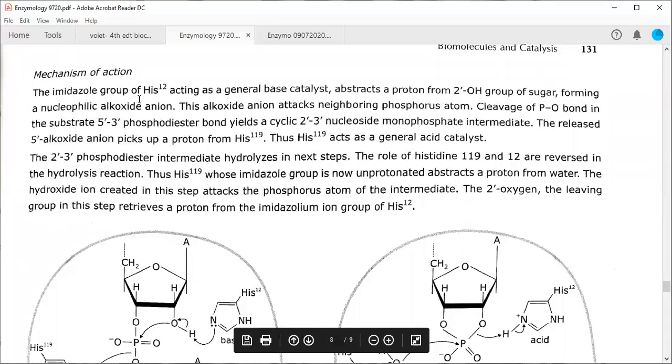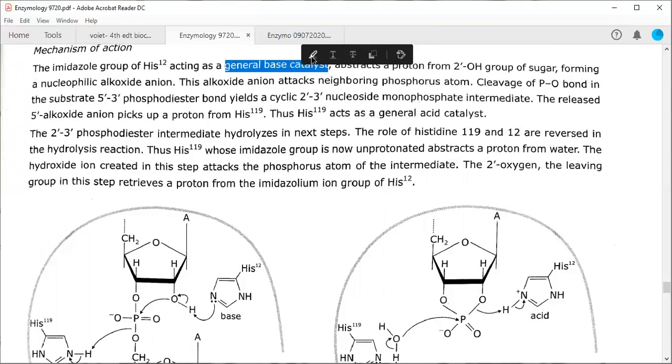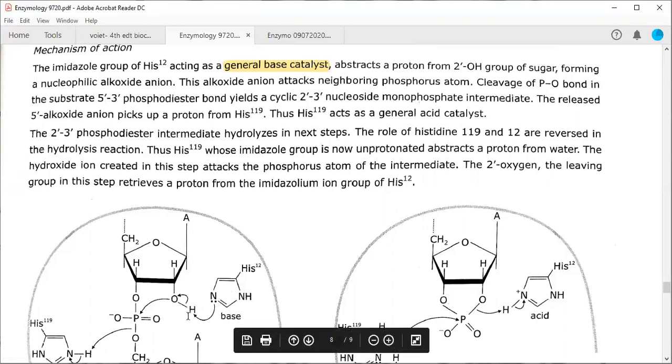So the imidazole group of histidine 12 acts as a general base catalyst, we have discussed this. It will abstract the proton from this particular hydroxyl group, so it will remove this H from the OH. The H positive will be removed, and the electron will be transferred to the oxygen itself. So it will generate a nucleophilic alkoxide anion, which can be a direct question.